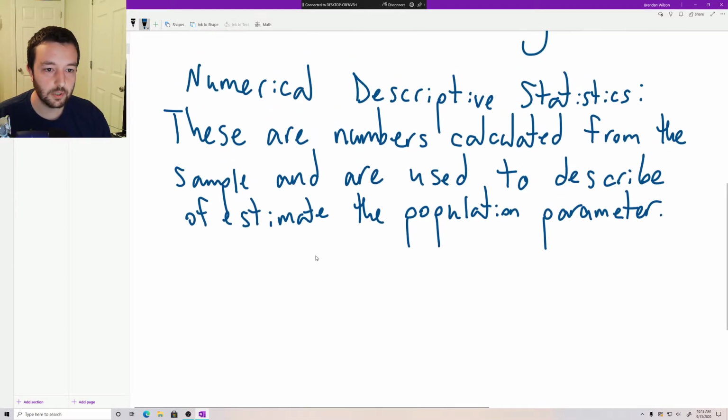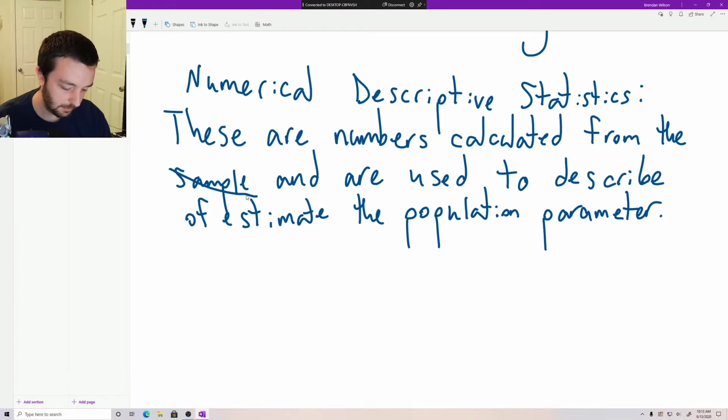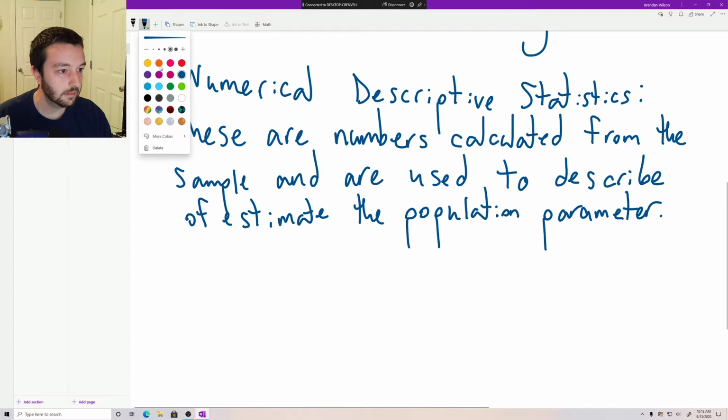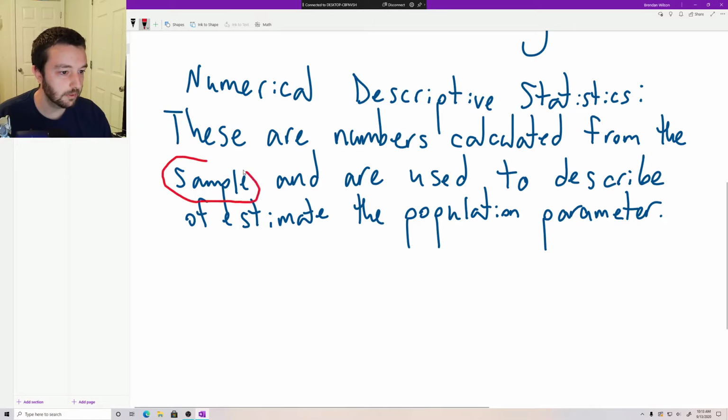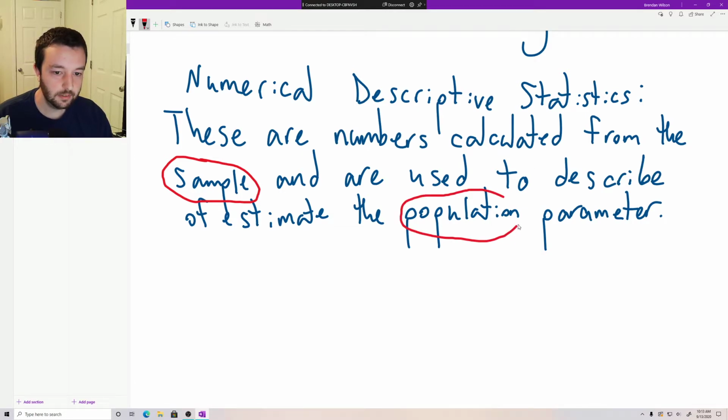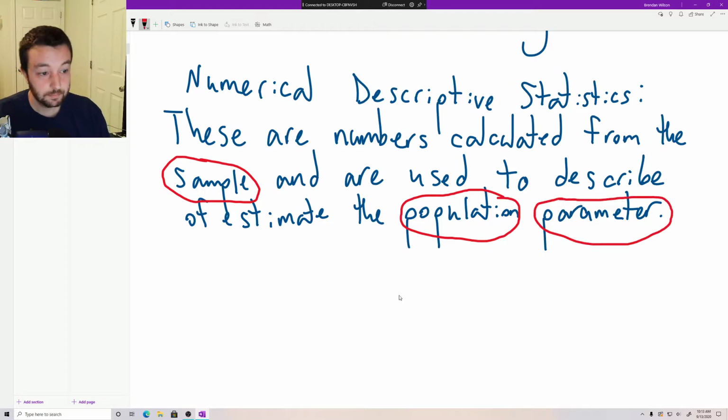So there's a few keywords we need to talk about here. One is sample. Whoops, I didn't know that was going to happen. One is sample. Okay. Let me highlight in red here. Sample, population, and parameter. Okay.